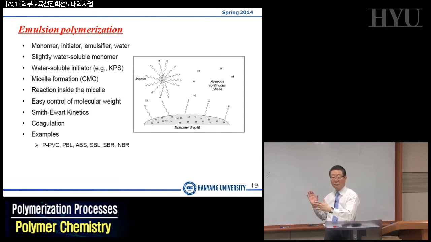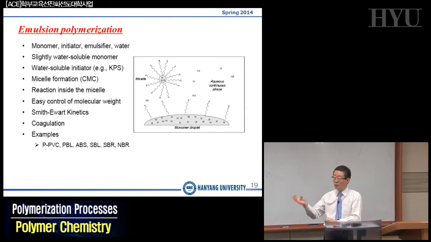Now, I have exemplified the chain-growth polymerization reactions, but most of the step-growth polymerization reactions, condensation polymerizations, are made by solution polymerization reactions. You need to have a solvent, whether it is water or another solvent.